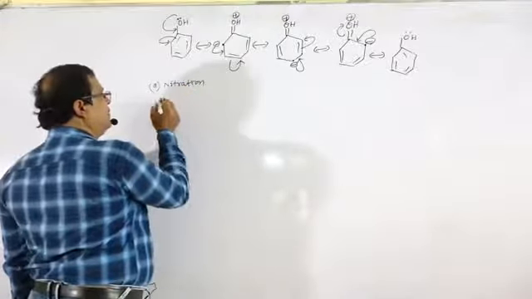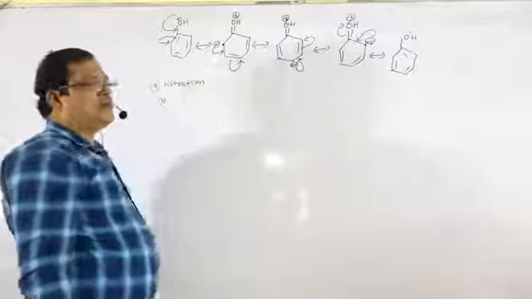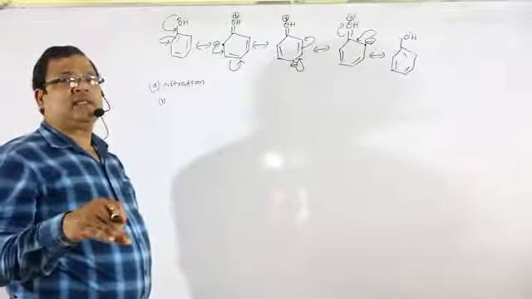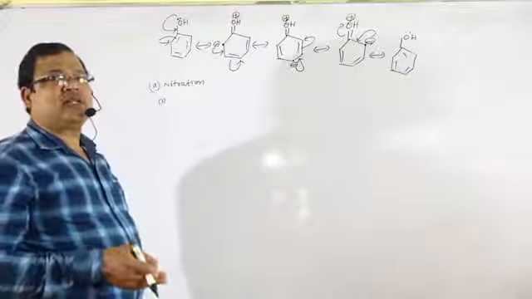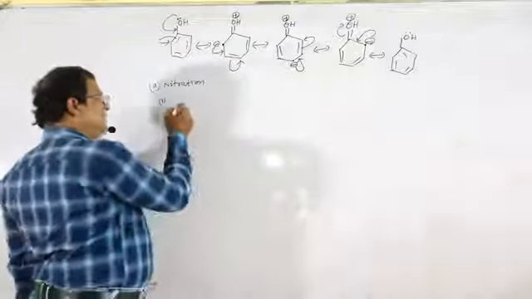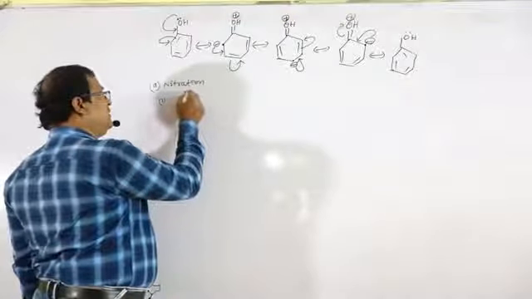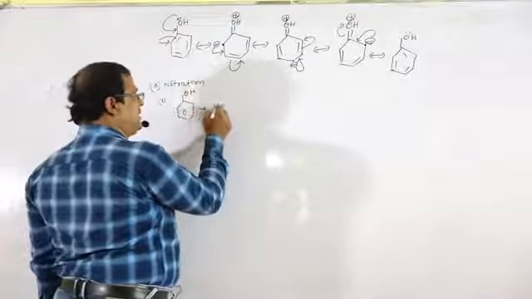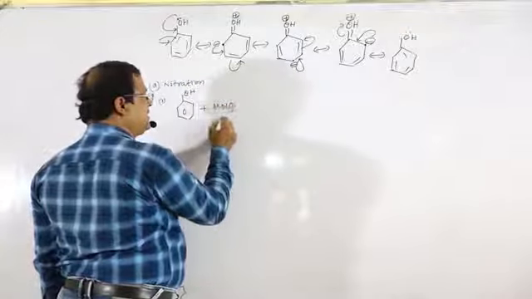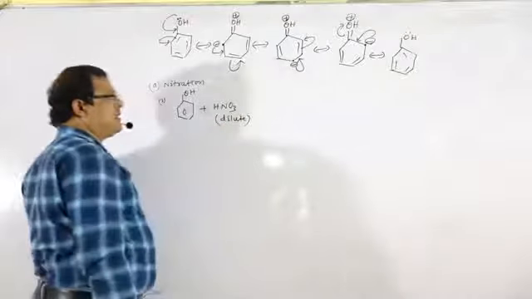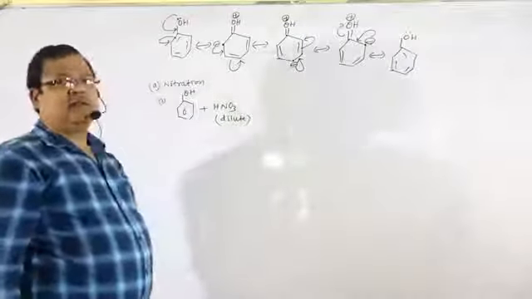Nitration, and we have explained on the basis of two cases, whether we have used dilute nitric acid or concentrated nitric acid. Phenol is treated with nitric acid, HNO3, but that is dilute.